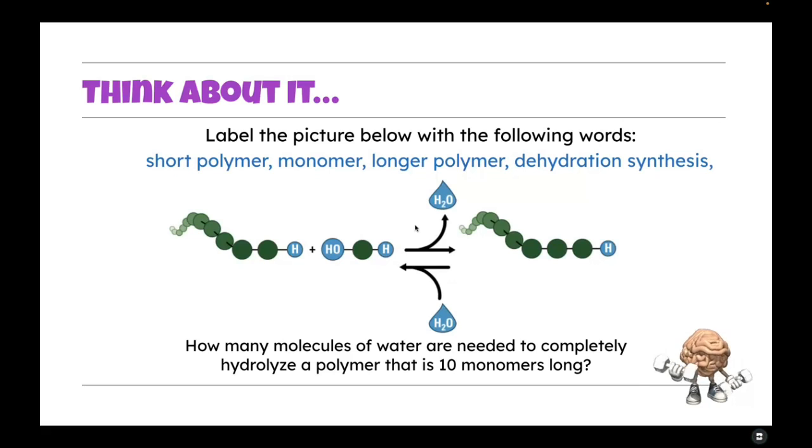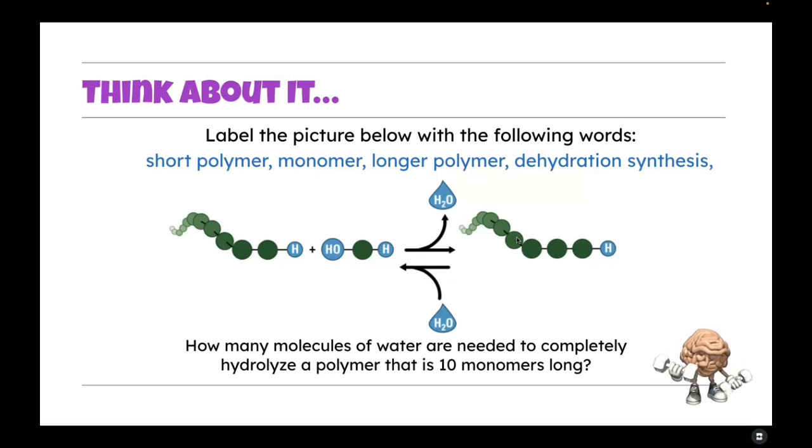So then you're going to need 9 water molecules in order to break the polymer. All right, so that's how you solve it. You figure out how many bonds are connecting the monomers, and that's the amount of water that you need. Okay. And so the general rule is, for the number of monomers, just subtract 1.